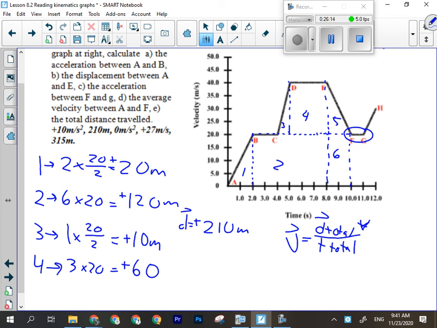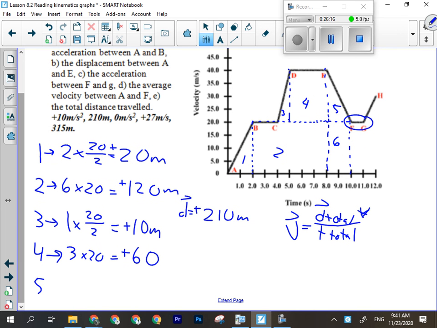Triangle number 5 has a base of 2 seconds and a height of 20, times 20 over 2. So 2 times 10 is positive 20 meters. The rectangle below it, number 6, has a base of 2 and a height of 20, so that's positive 40 meters.